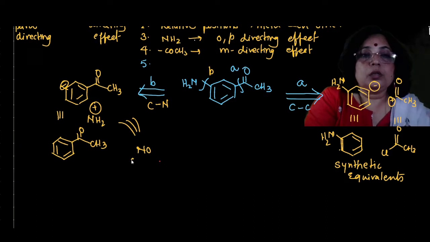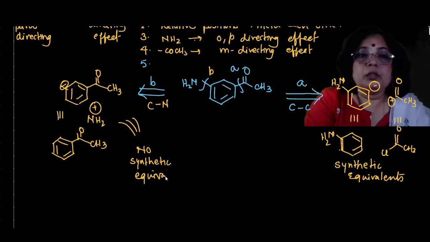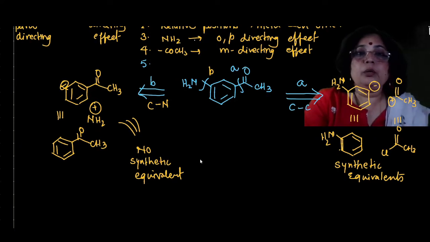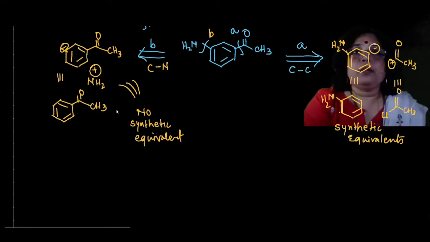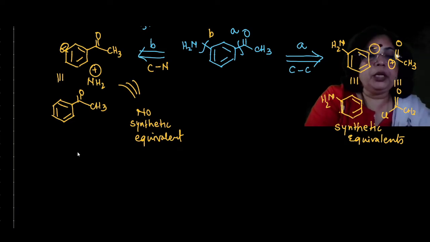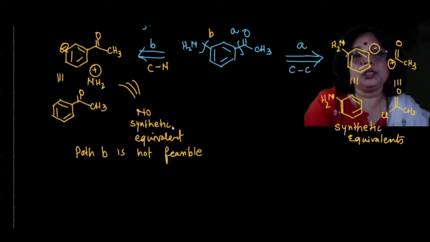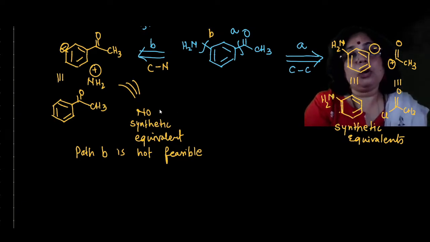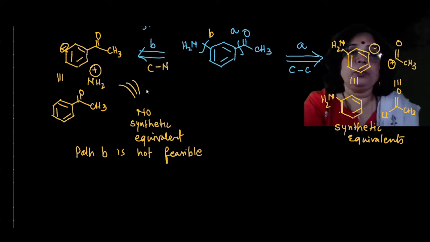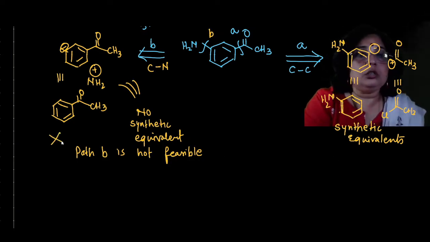No synthetic equivalents are available for the NH2. It means that disconnection B is not feasible, because we could not obtain the proper synthons, or though we obtain synthons, no synthetic equivalents are available for NH2. So this is not a good path.